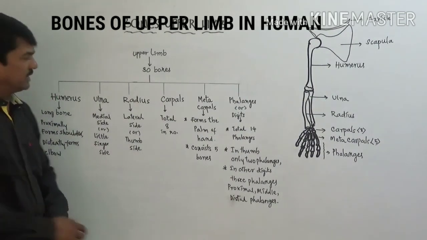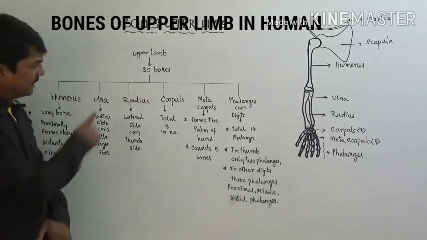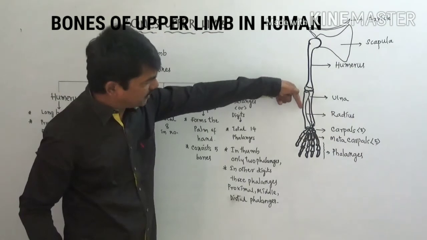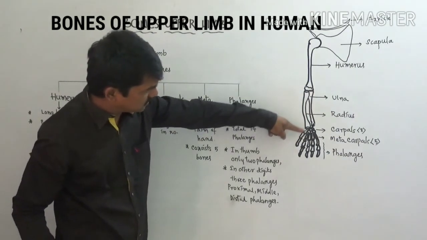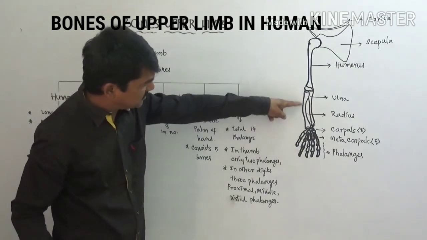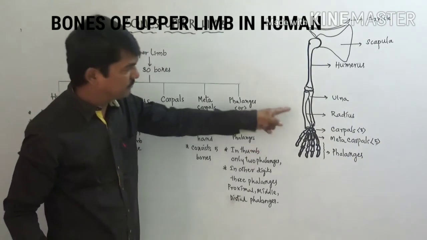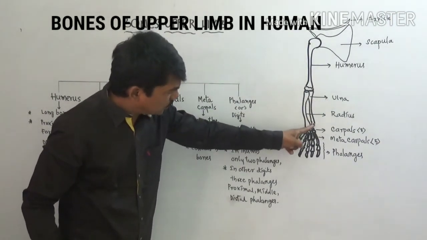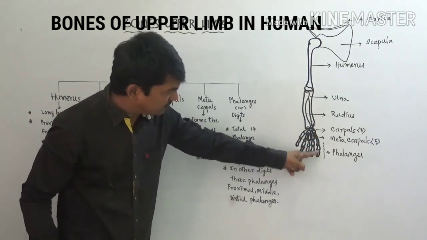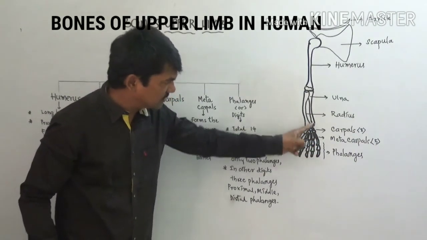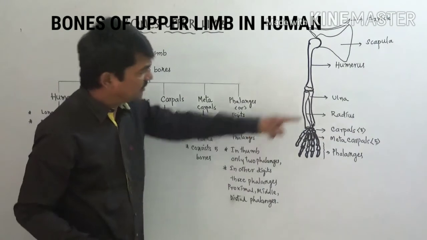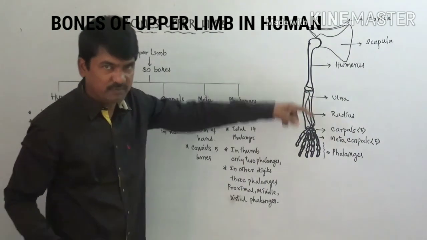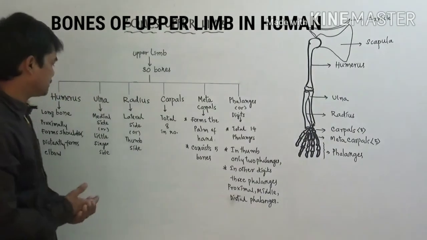So there we can identify the radius structure.